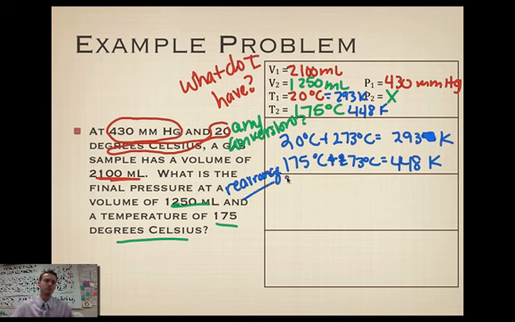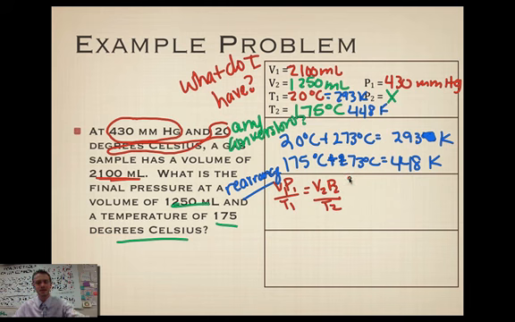Okay, so now let's rearrange our equation. Let's rearrange this bad boy here. My initial equation is V1 times P1 over T1 equals V2 times P2 over T2. I'm going to rearrange that to get whatever I need to solve for by itself. So I need to get P2 by itself.